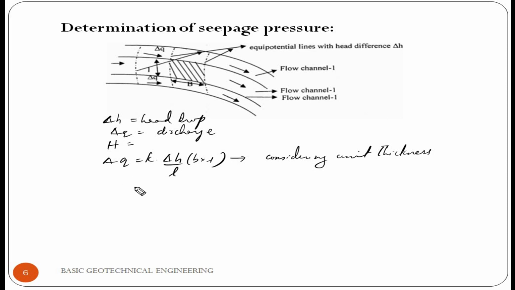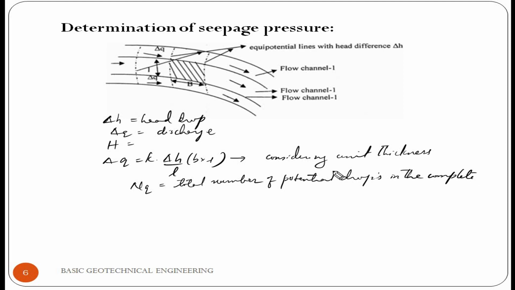If ND is equal to the total number of potential drops in the complete flow net, then delta H is equal to H by ND.